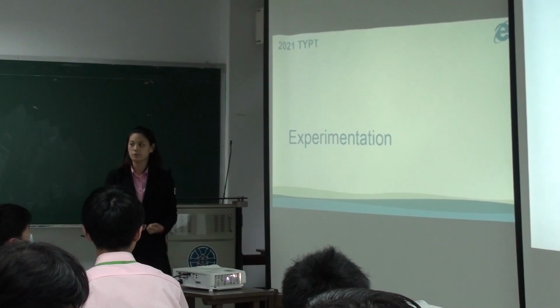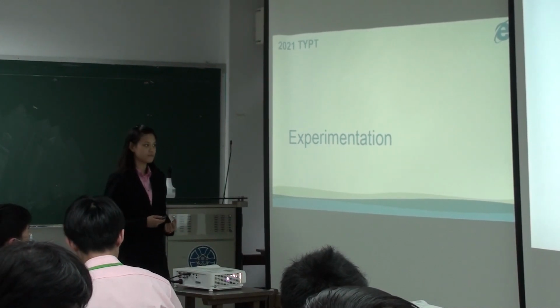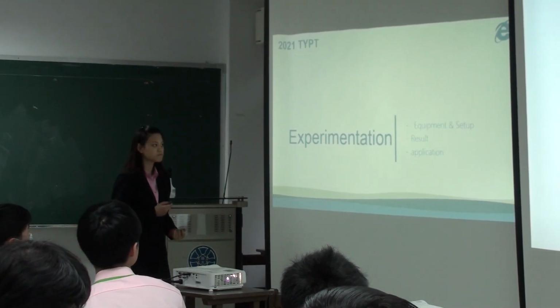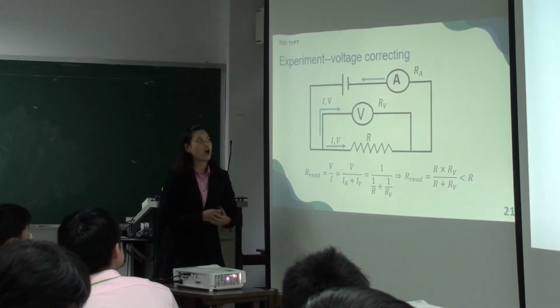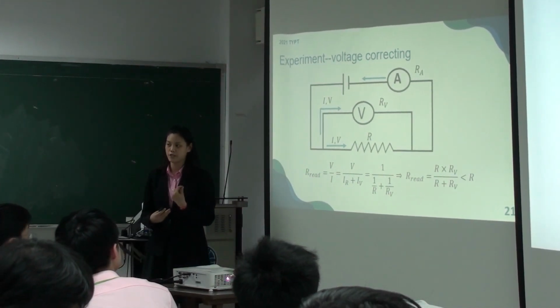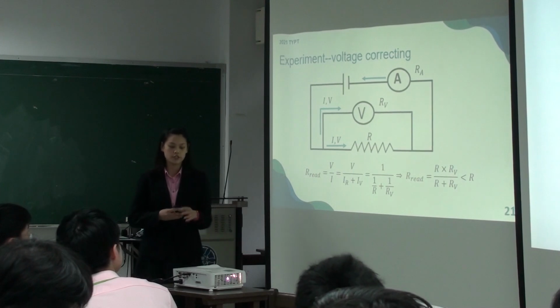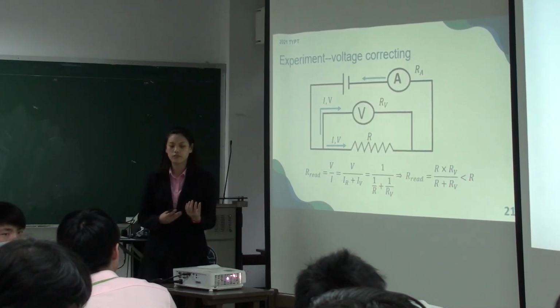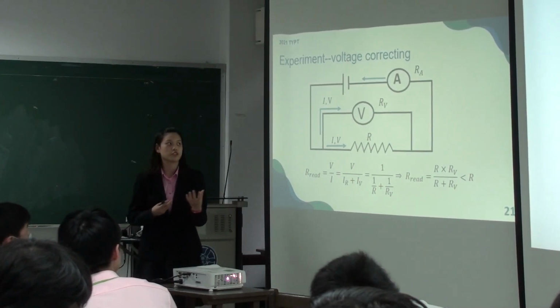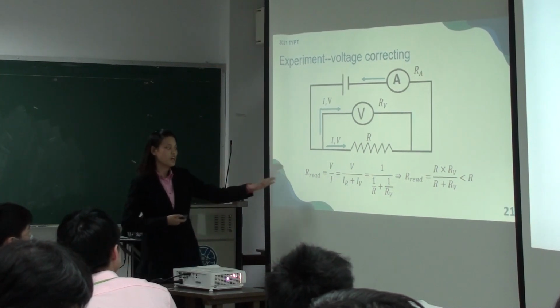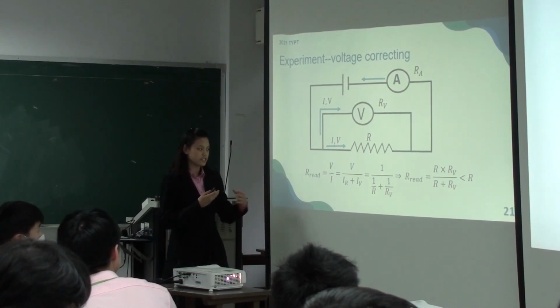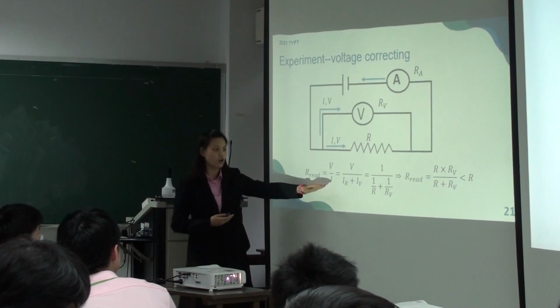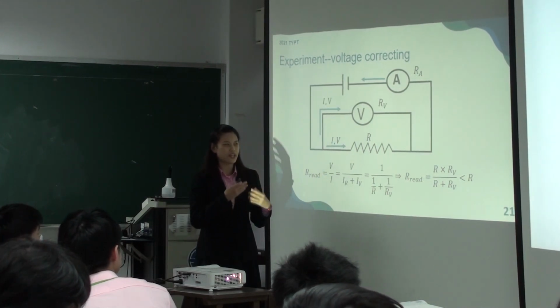And here comes my experimentation. First of all, I want to correct the voltage that I measured, because there are two ways to measure the resistance: one for big resistance and one for small resistance. And always the resistance we read by Ohm's law will be smaller than the real resistance.